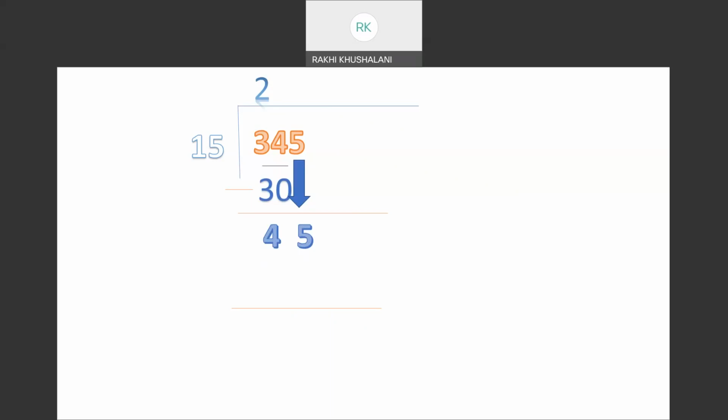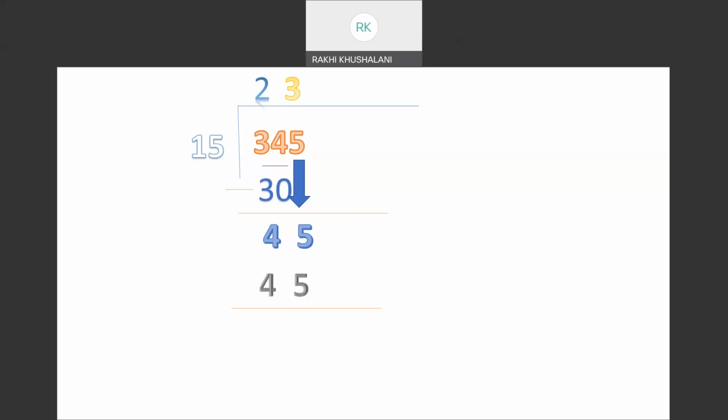Divide. Okay, I can divide. Check the multiplication. 15 into 1 is 15. 15 into 2 is 30. 15 into 3 is 45. Perfect. So 15 into 3 is 45.